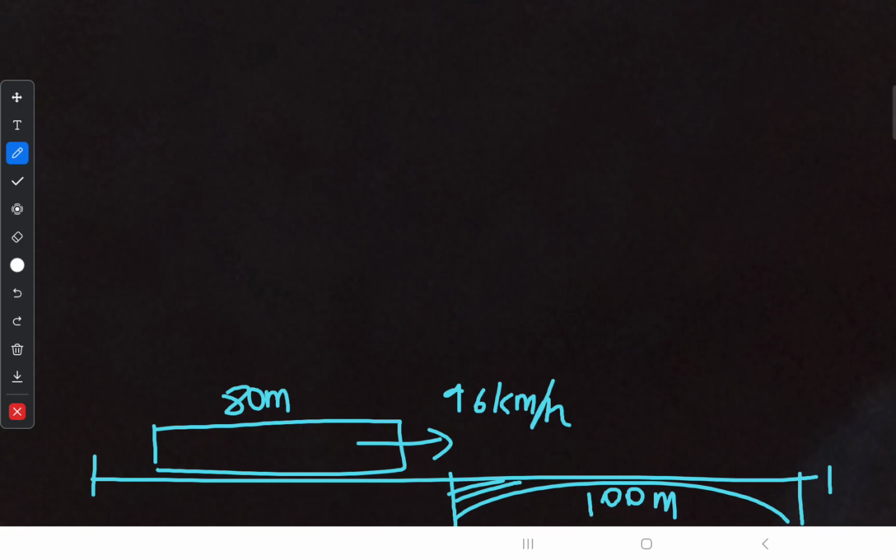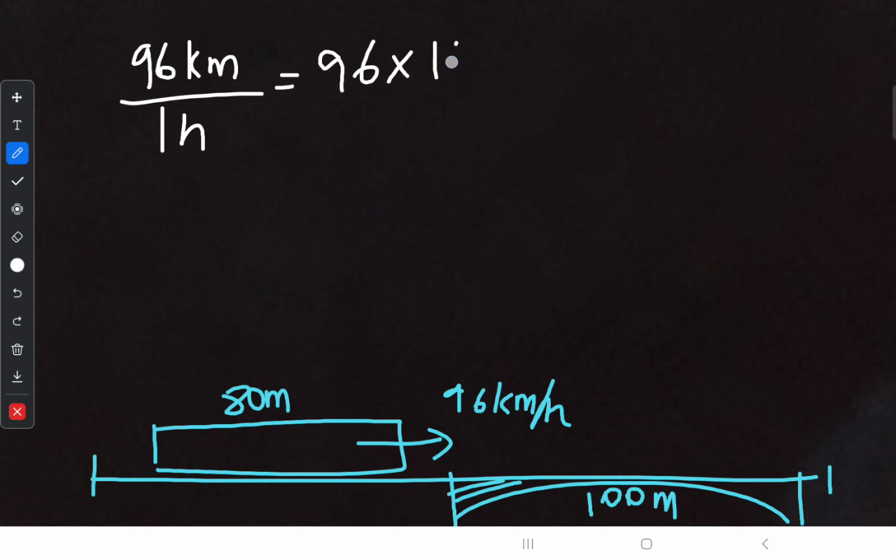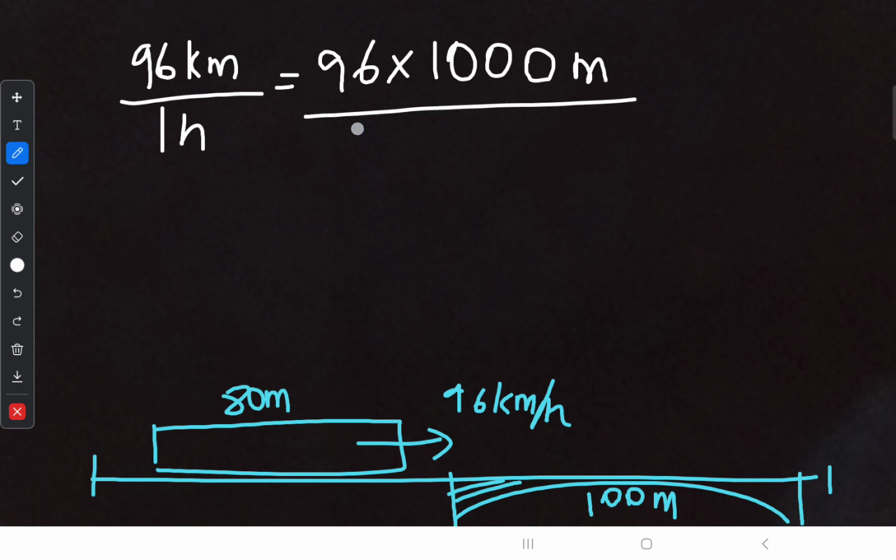For that, 96 kilometer upon 1 hour. So 96 into 1000 meters upon 1 hour, which means 1 into 3600 seconds. Then we will simplify.